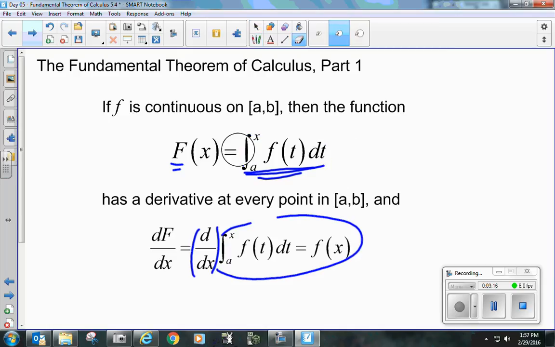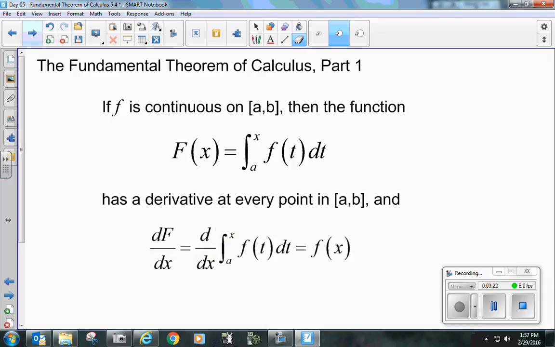They're saying if you can integrate a function that's continuous at every point, it has a derivative at every point. And if you can take the derivative of an integration, don't the derivative and integration just cancel? So this is just this.